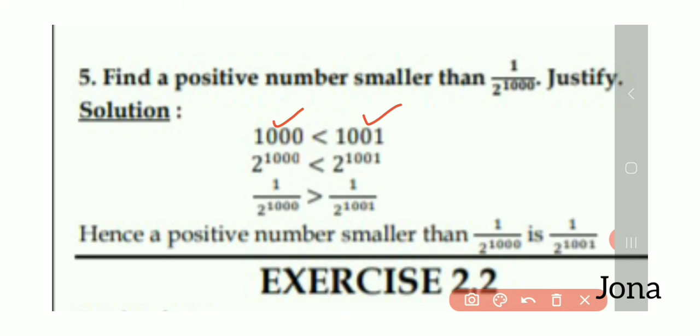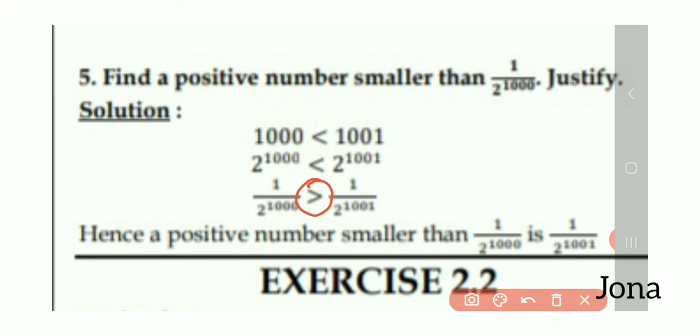I want to take the power of 2 on both the sides, so that I got 2 power 1000 less than 2 power 1001. And then I want to take the reciprocal of both the sides. So if you take the reciprocal, it will become 1 by 2 power 1000 and here 1 by 2 power 1001. While taking this reciprocal, we must change the inequality also. That is the rule.